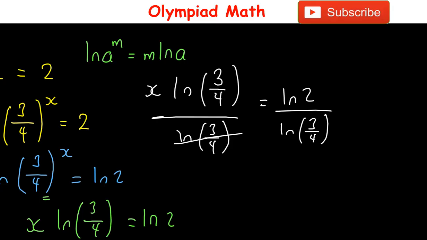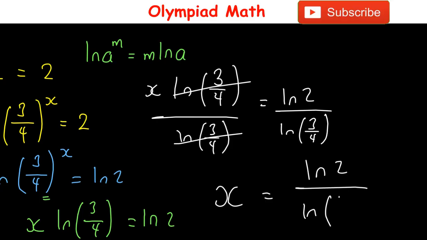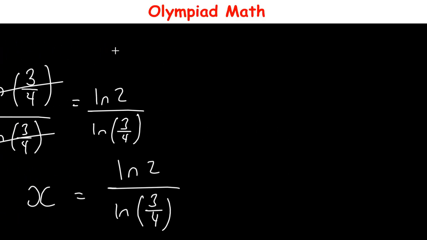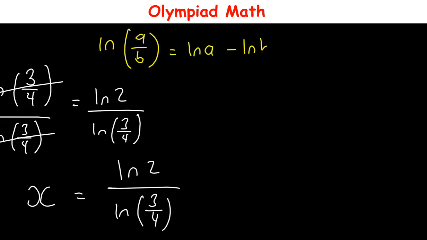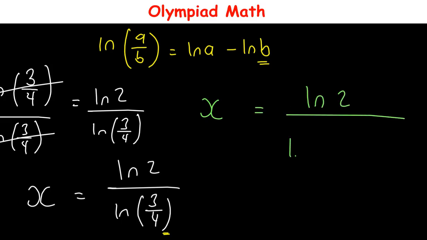So this cancels this. We have the value of x equal to ln 2 over ln in bracket 3 over 4. So with this, applying this rule of natural logarithm, that ln in bracket a over b equals ln a minus ln b, we have the value of x is then equal to ln 2 all over ln 3 minus ln 4.